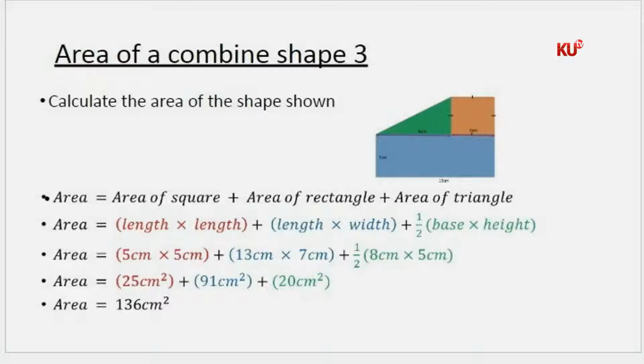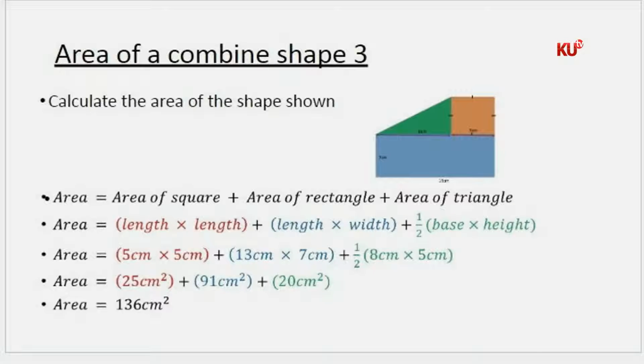I can as well see a square, and I can as well see a triangle. Now, to find the area of that shape, we need to get the area of the square plus the area of the rectangle plus the area of the triangle. So we are going to start with the area of the square, just there on the screen.